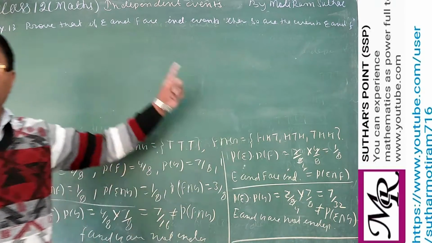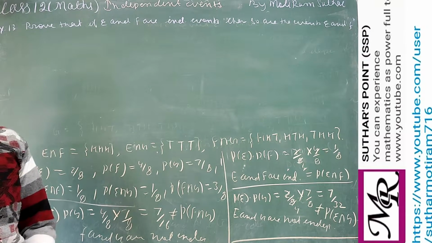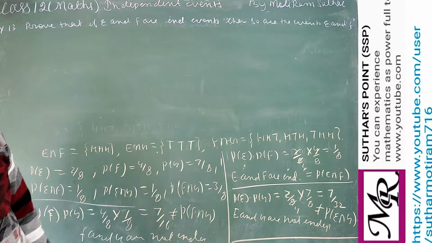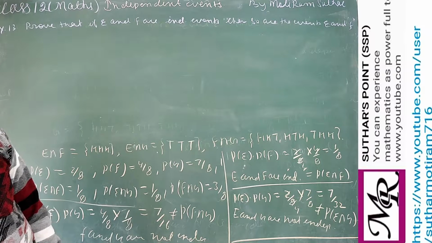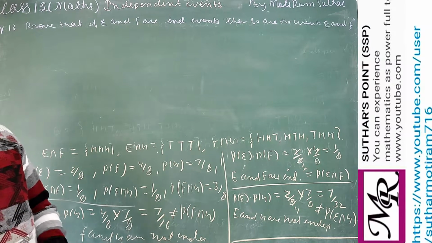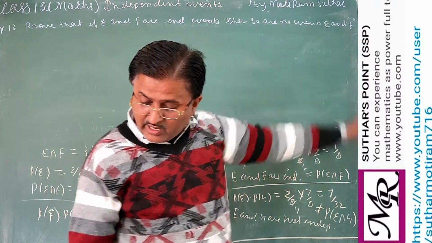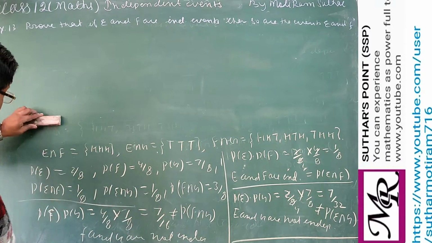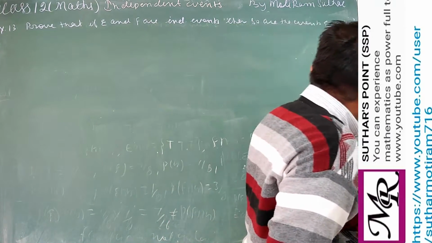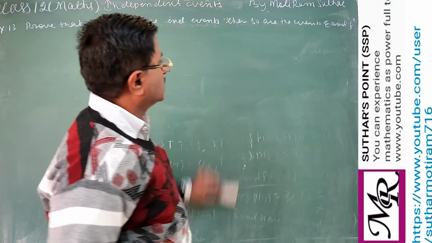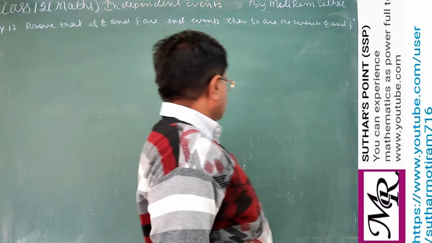Means if the problem says E and F are independent events, then we can say E and F naught are also independent. That we have to see. Correct? That's why this is a very important result. Here we can also say that E naught and F, or E naught and F naught, are also independent events. So let's see how we prove this one.